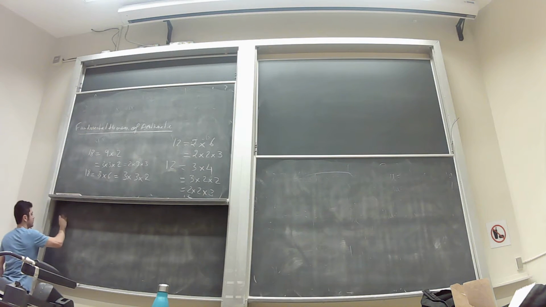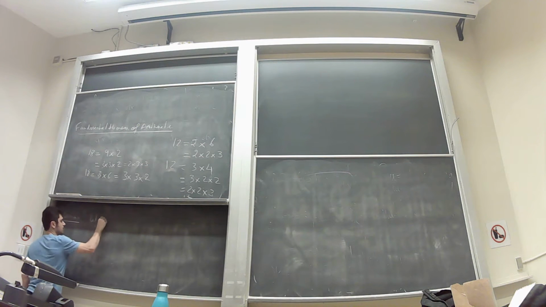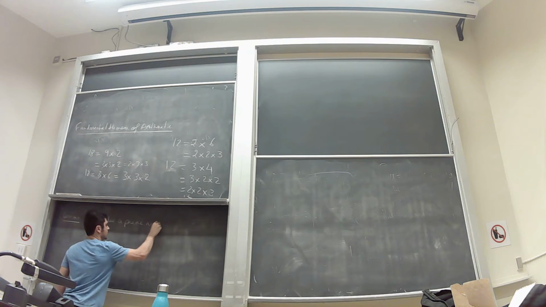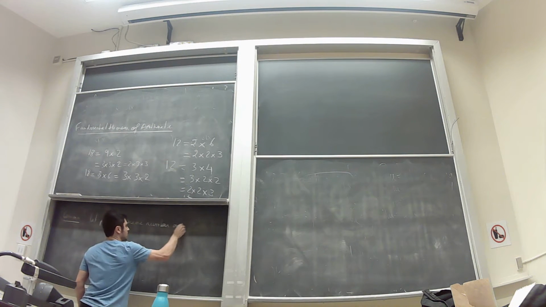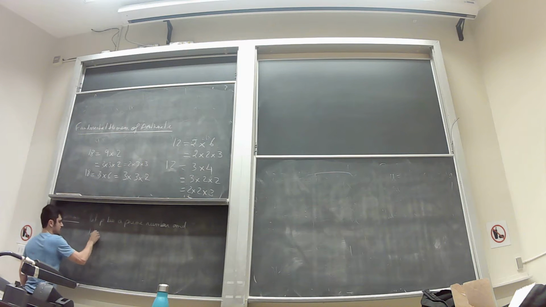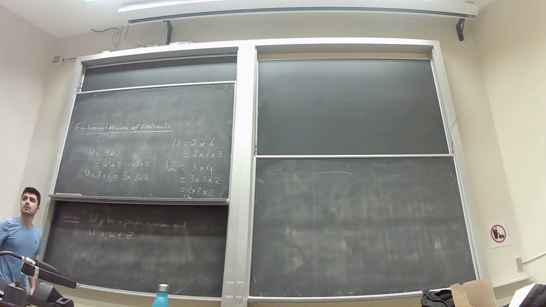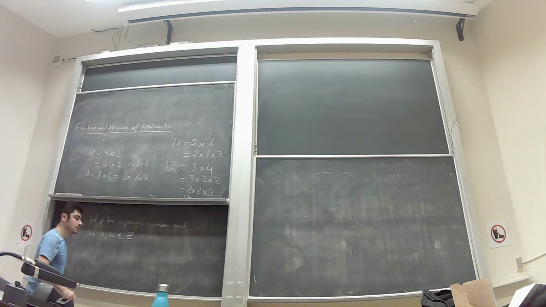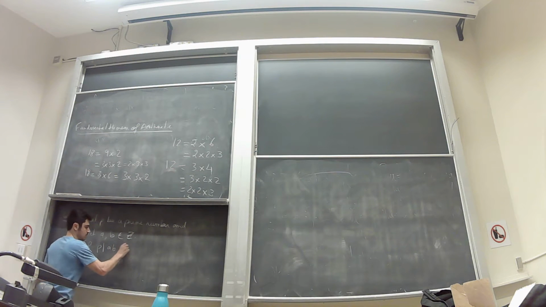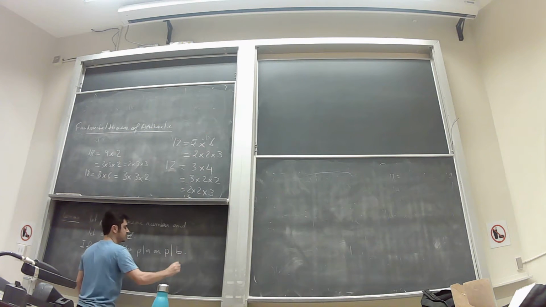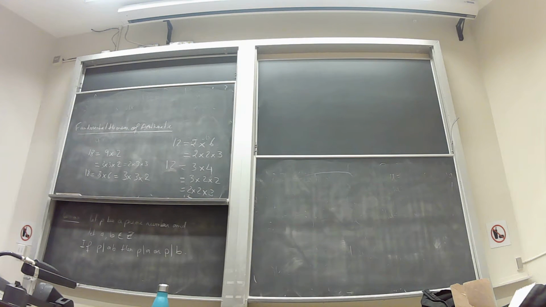So let P be a prime number, and let a, b be in Z. If P divides ab, then P divides a or P divides b. Okay? Let's prove this.